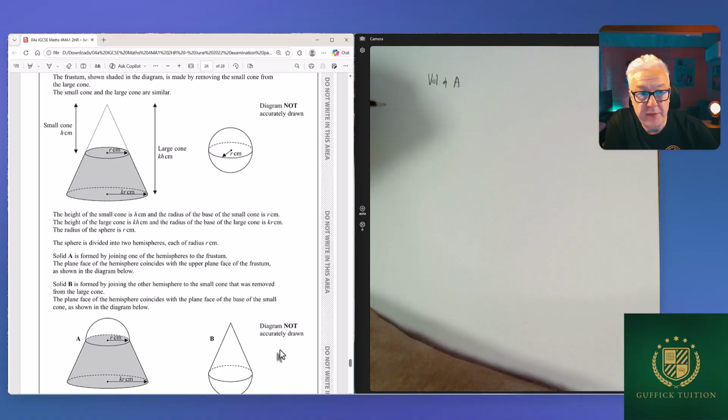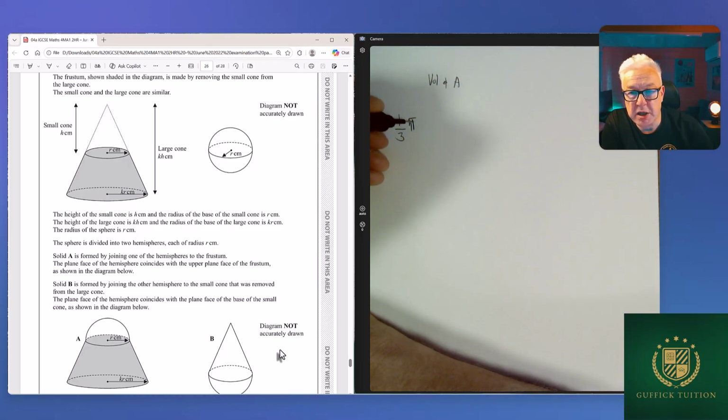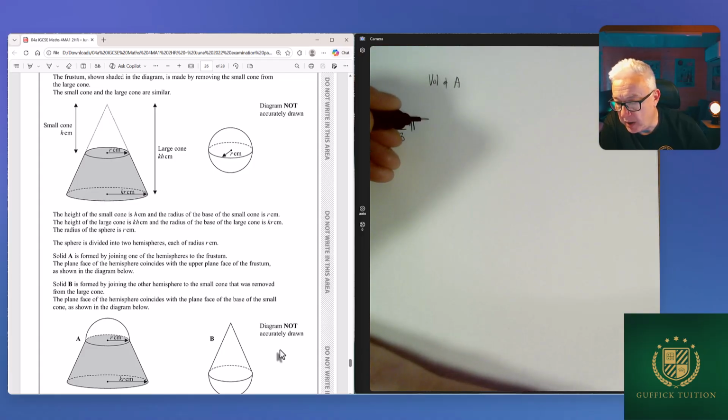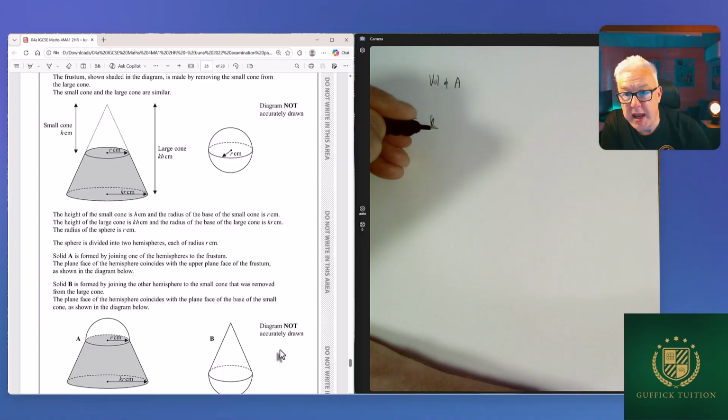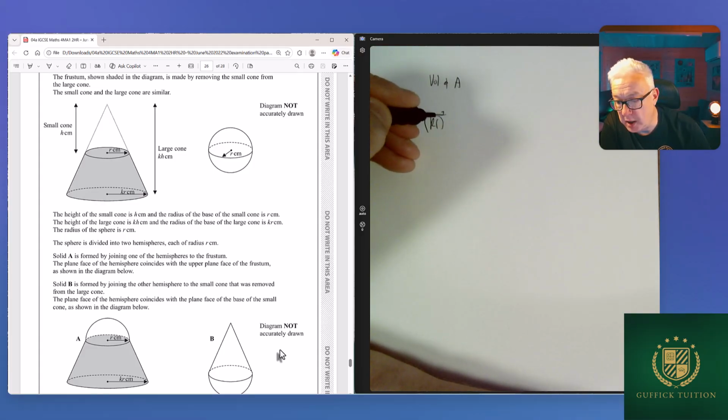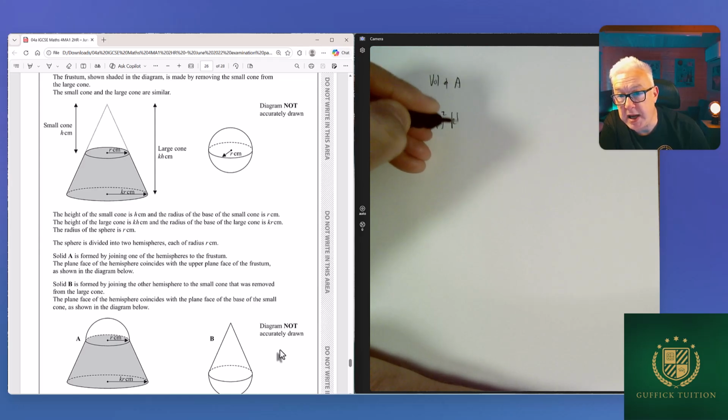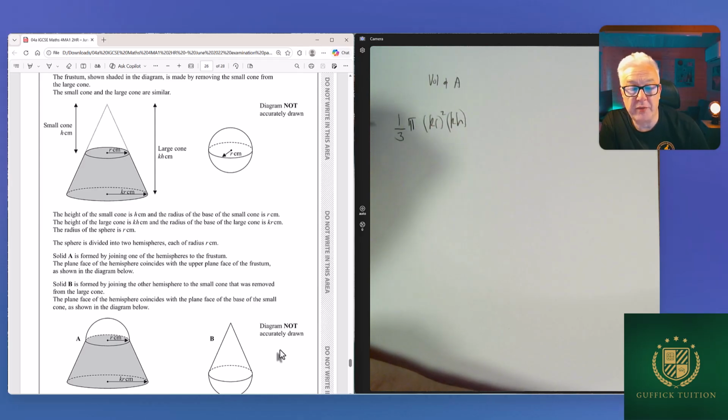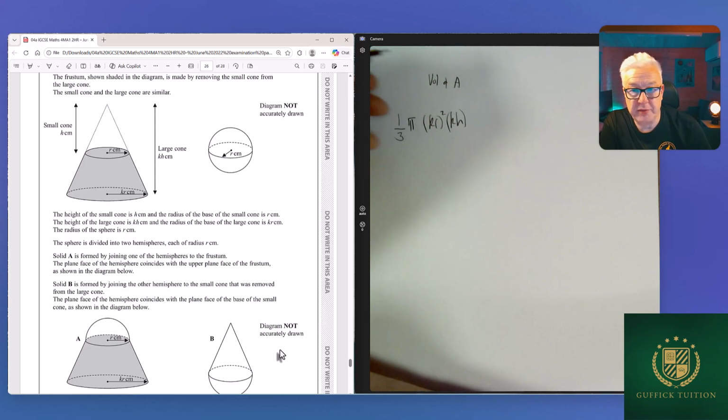It's going to be the full cone, and the formula for the volume of a cone is 1/3 pi r squared h. So that's going to be 1/3 times pi times the radius, which is kr squared, times the height, which is kh. So that's the volume of the big cone before anything was cut off.